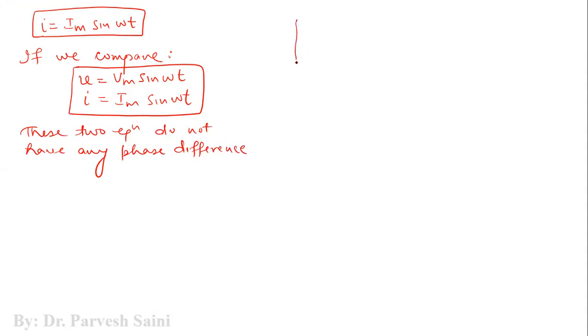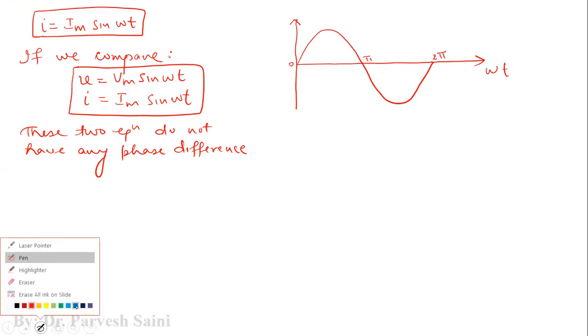That means if you have to draw the waveform of these two equations, let us draw the voltage first of all. So voltage will be something like this. It is a sine wave. So 0 to pi and then 2 pi. One complete cycle is 2 pi radians. Now let us draw the current waveform.